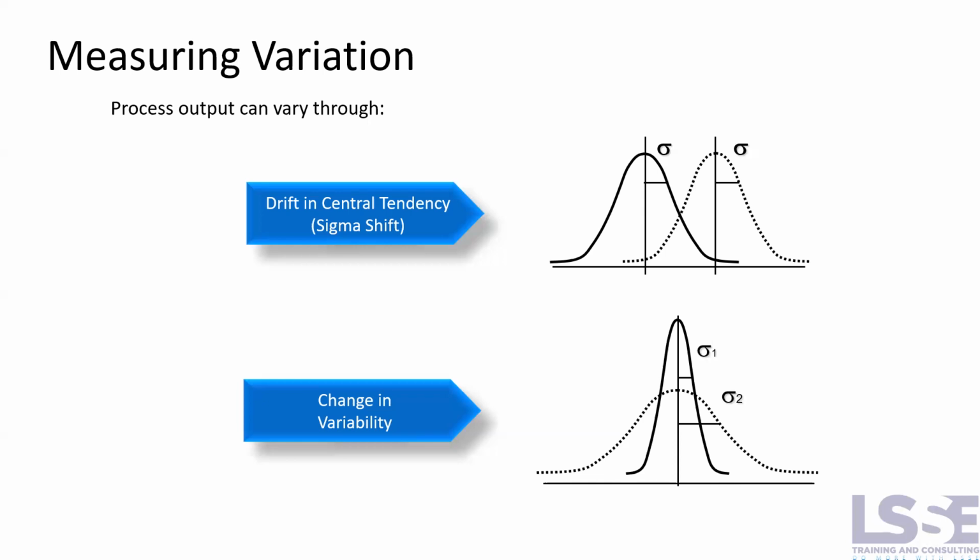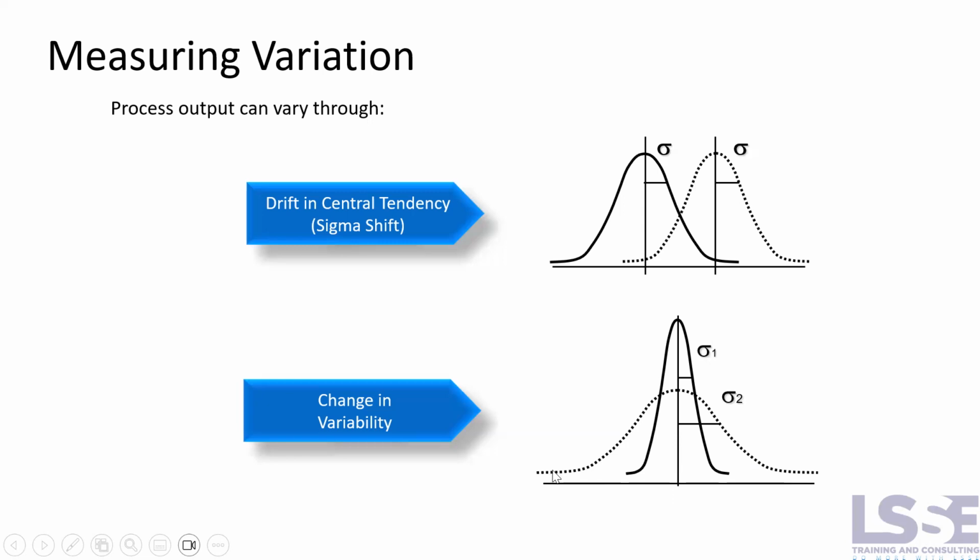Another way that your process can change is in terms of variability. It might be that you are very consistent in your first month, where the values it takes you to resolve your customer are close to each other, but through time you have high variation.